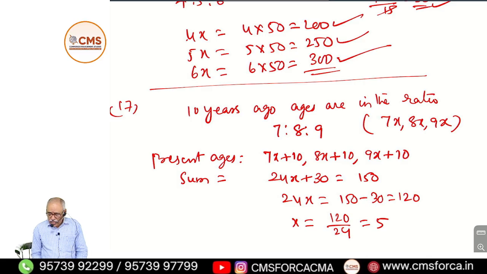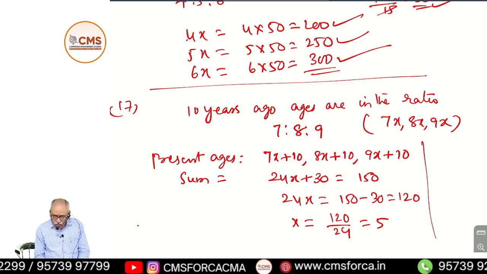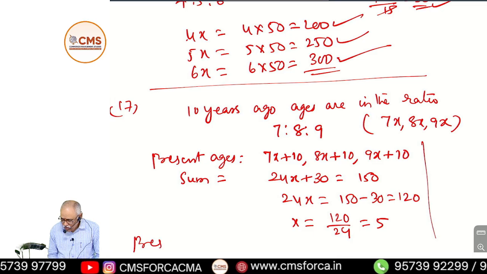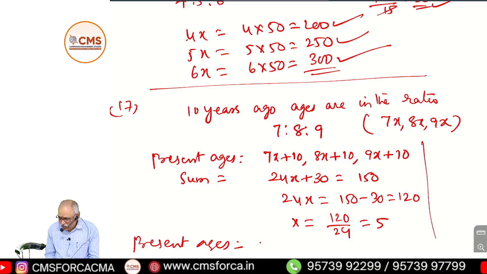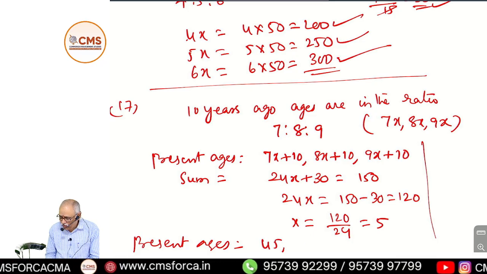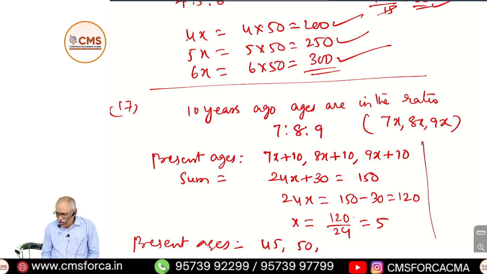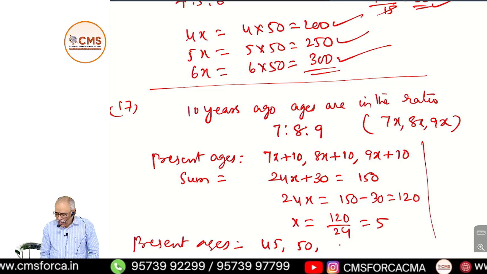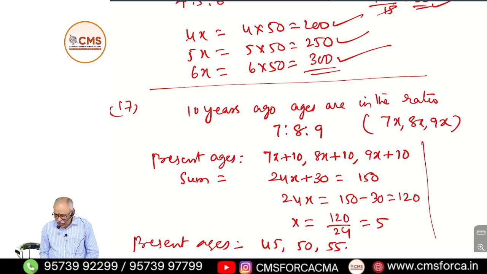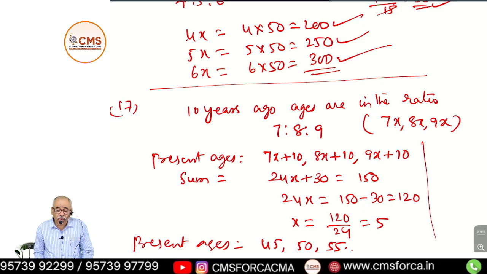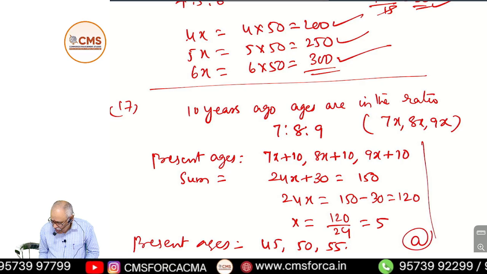So what are the present ages now? 7x plus 10 are the present ages. 7 fives are 35, 35 plus 10, 45. 8x: 8 into 5, 40 plus 10, 50. 9x plus 10: 9 fives are 45, 45 plus 10, 55. 45, 50, 55 are the ages. So which option is correct? Option A is correct.